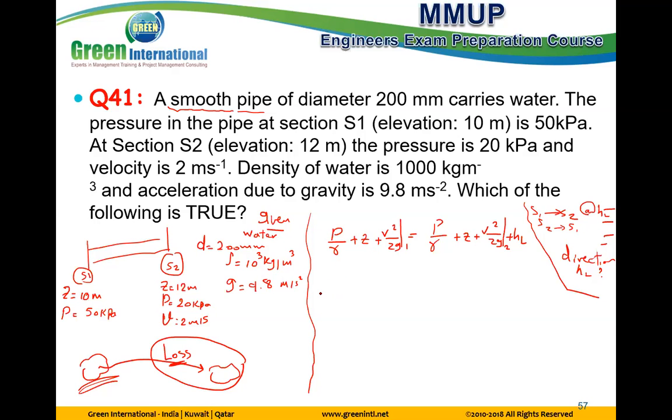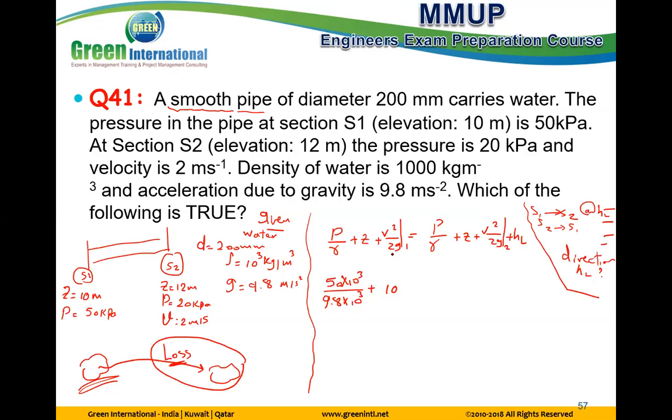Pressure here, 50 times 10 to the power 3, divided by gamma, which is 9.8 times 10 to the power 3, this is rho g. Plus Z. What is Z? Elevation, 10 meter. Okay, V, velocity.